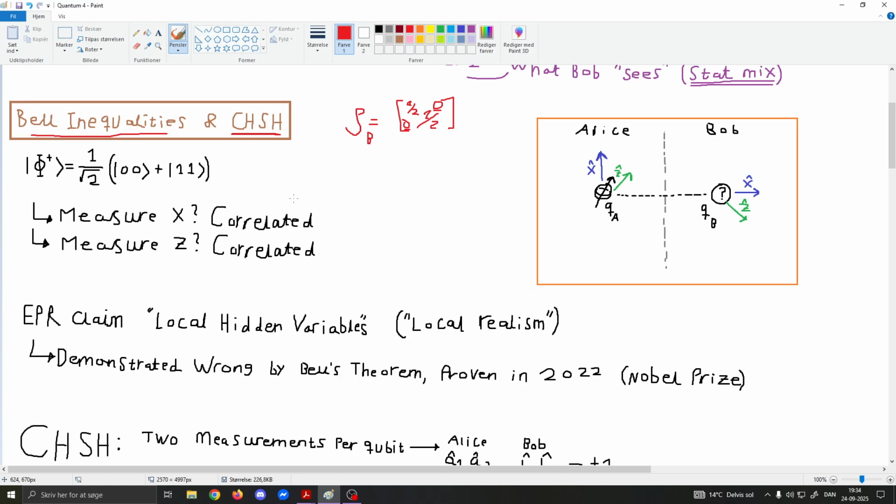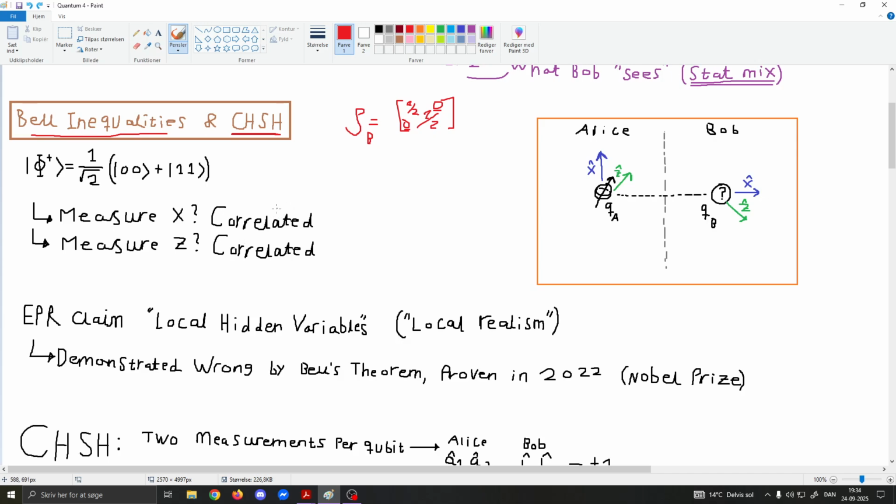So let's imagine for a second that we have a Bell state that looks like this right here for Alice and Bob. This Bell state predicts that if one measures 0, the other measures 0, and if one measures 1, the other also measures 1.